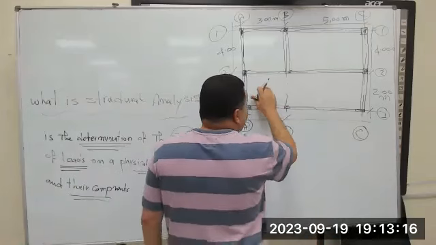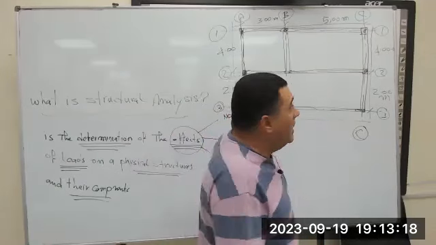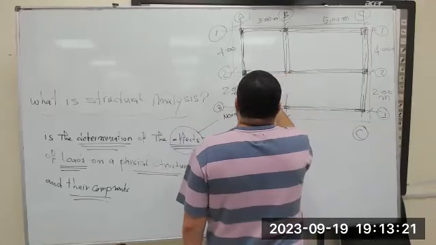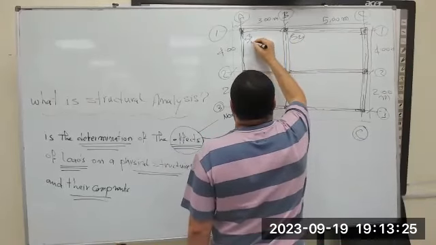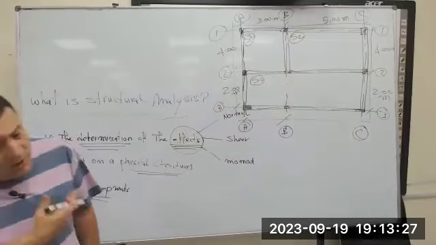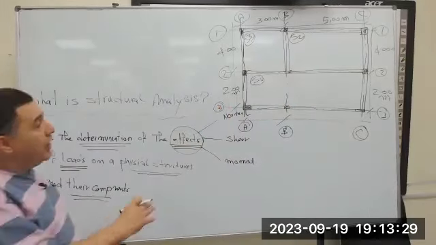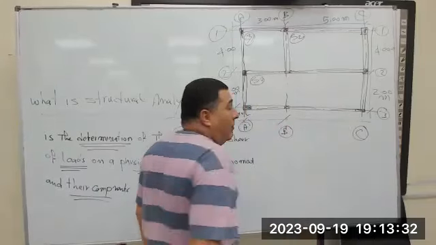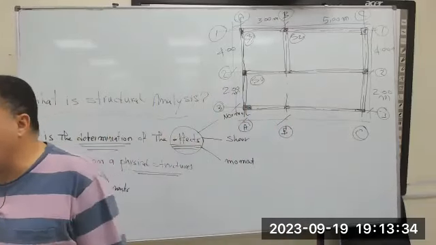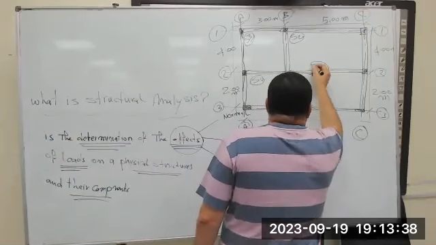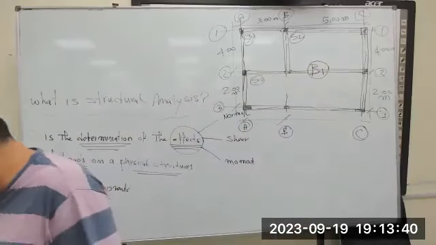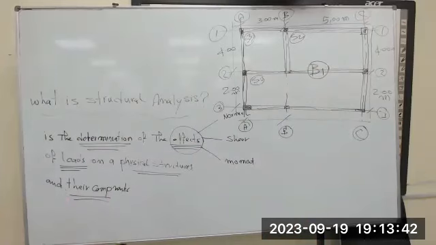Let us see this slab, then slab 1, then slab 2, then slab 3. Imagine we are here now, and I need you to design beam B3, B1, B1. How will the loads transfer from these slabs to the beam?